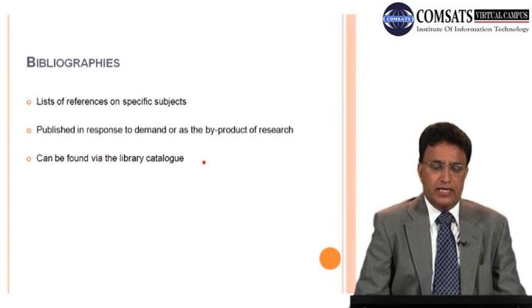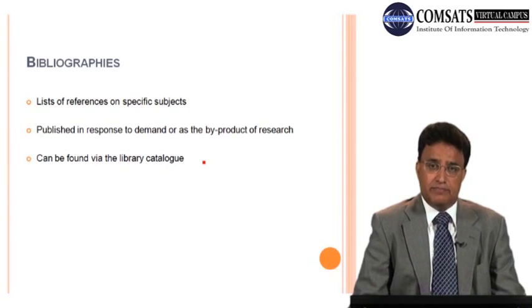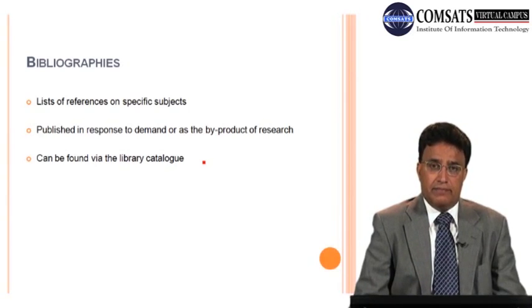They are usually published at the demand of other researchers, though they are part of some other research, and that is why we call it a byproduct of the research.